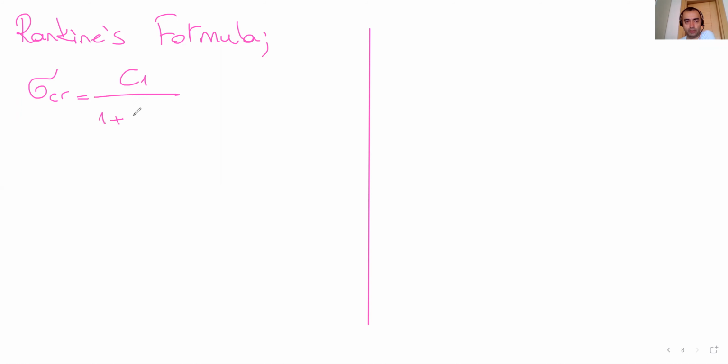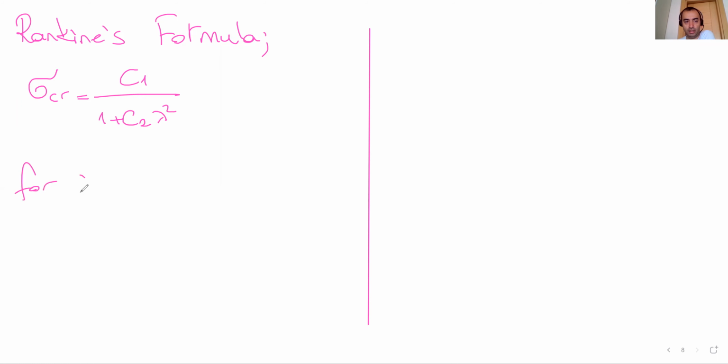The second one is Rankine's formula. We have one equation for steel. The general equation is like this: C1 over 1 plus C2 lambda square.